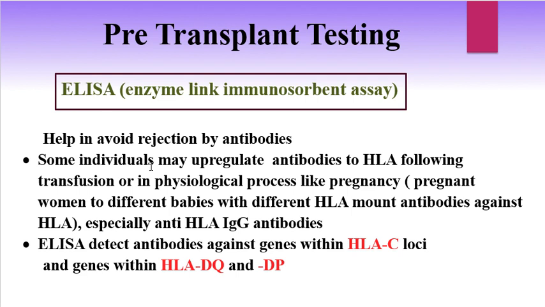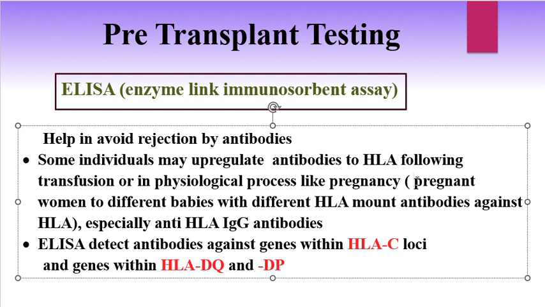Some individuals may upregulate antibodies to HLA following blood transfusion, or in case of the normal physiological process of pregnancy, where the pregnant lady may have offspring with different HLA, so each time she mounts antibody to different HLA from her own HLA.